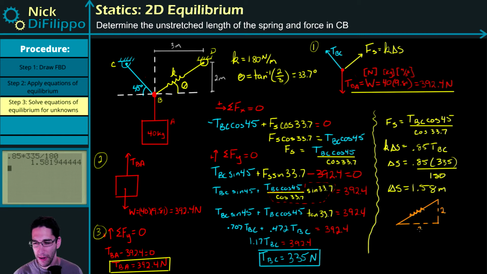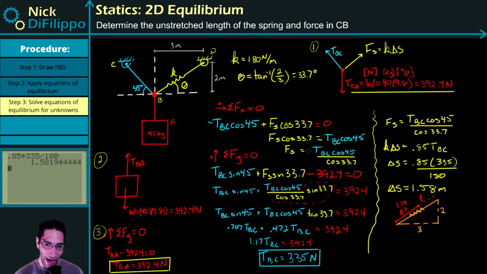And this is where the problem is a little tricky. I know that there's this unstretched length, and I'm going to just draw this in as a dotted line right here. This is my unstretched length. We'll call this L. I know that I have then stretched it an additional length, delta S. So I know that this distance right here is 1.58 meters.